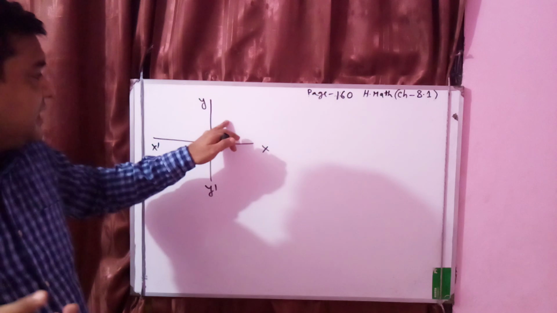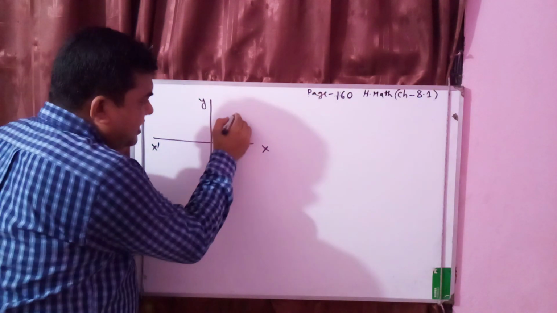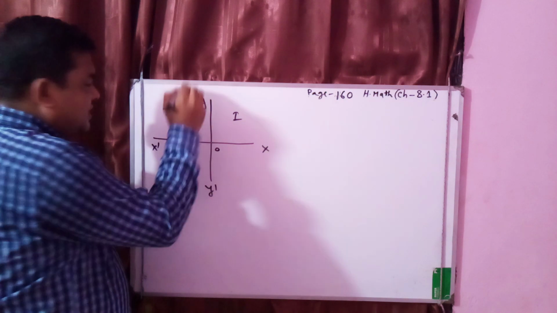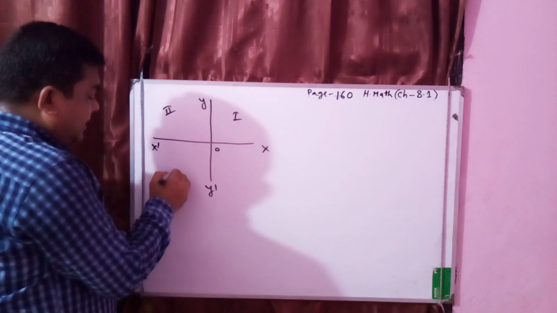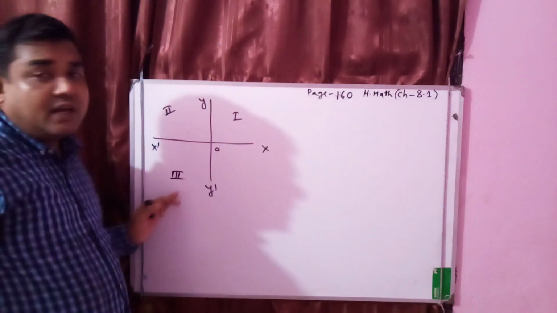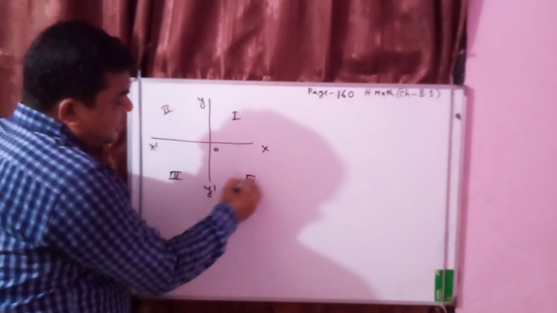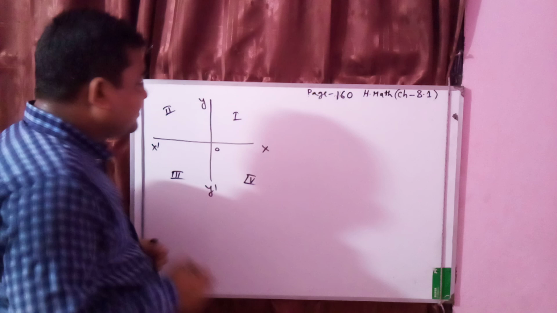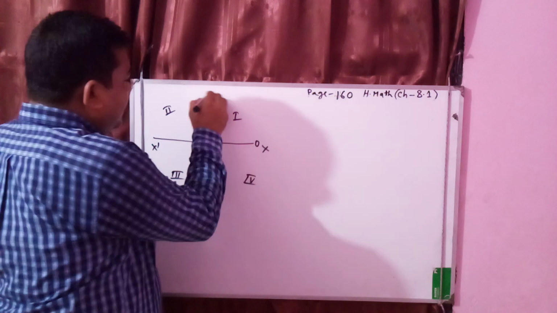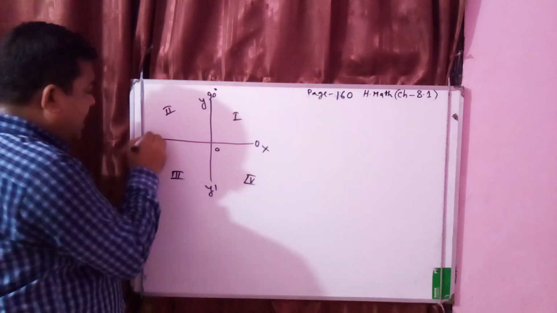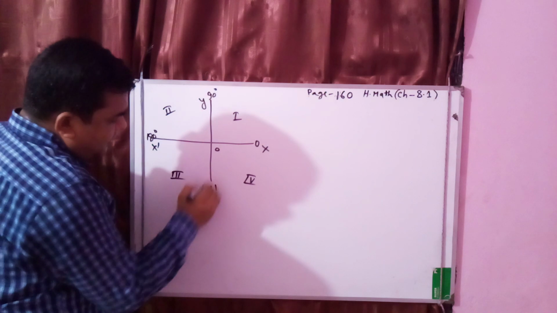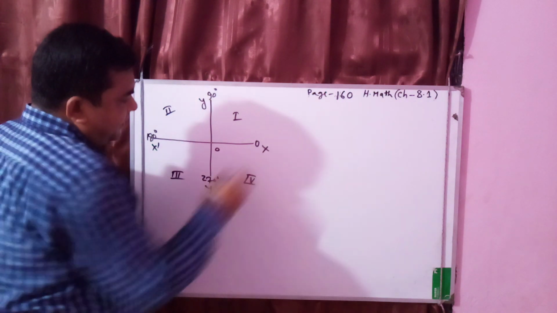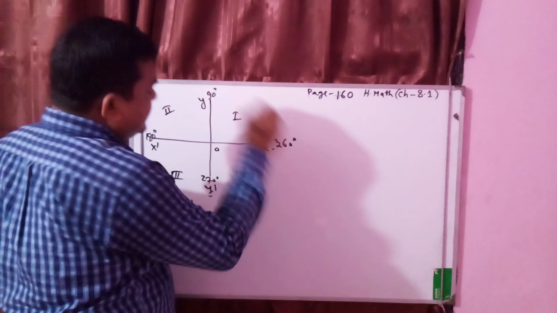So the first part is known as the first quadrant, the second part as the second quadrant, the third part as the third quadrant, and the fourth part as the fourth quadrant. This is 0, 90 degree, 180 degree, 270 degree, that means 360 degree.